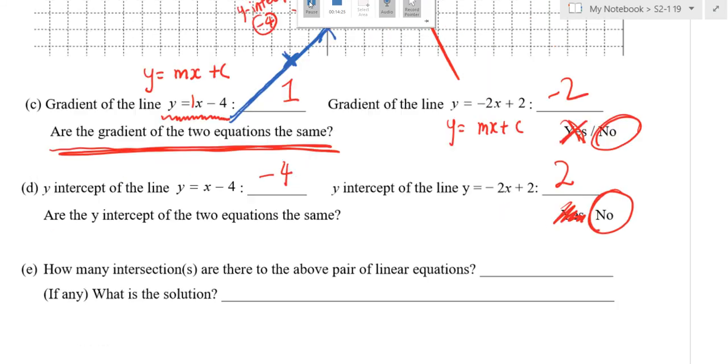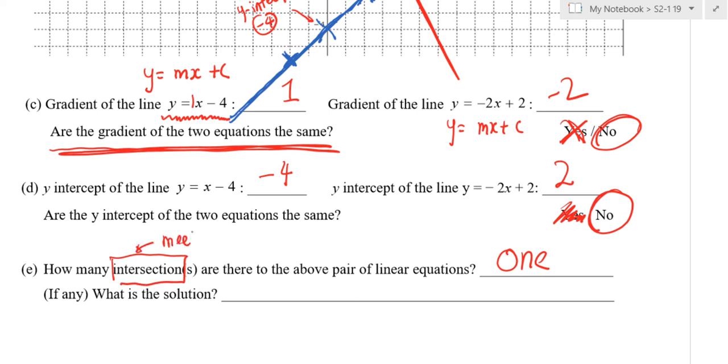Kelly, ask me a question. Can you write down? There is one intersection. And what is the solution? What is intersection? Can you write down? Intersection means the meeting point of the two lines.